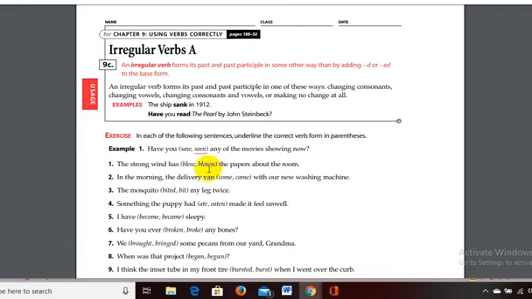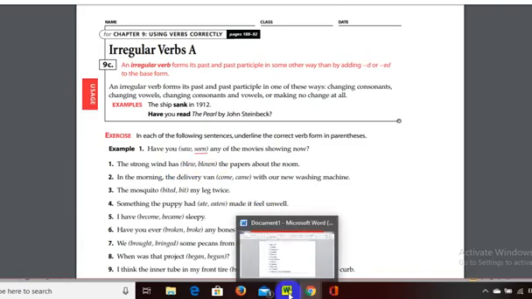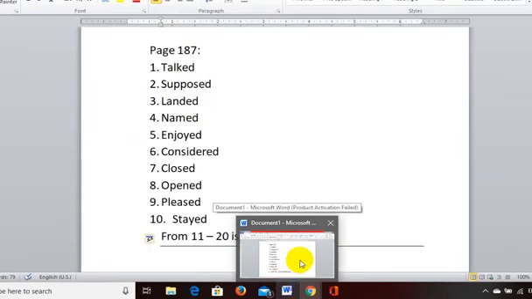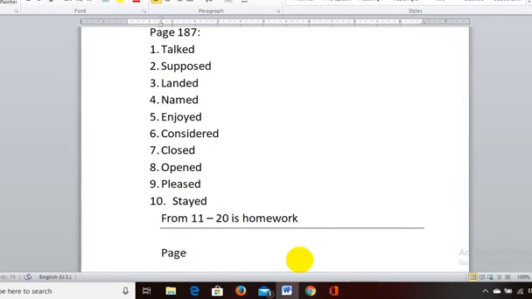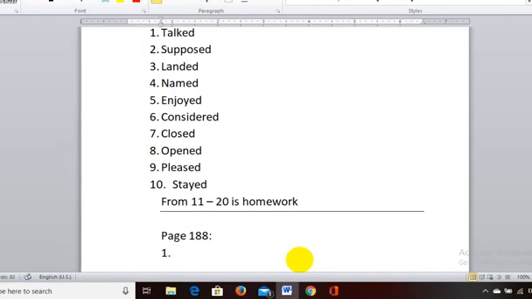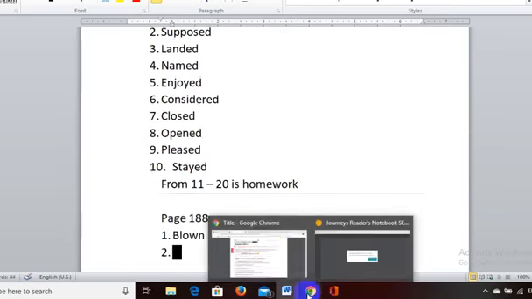Blown, the past participle form. So here in page 188, we're going to choose number 1 to be blown, okay? Excellent. Alrighty, let's go to number 2.